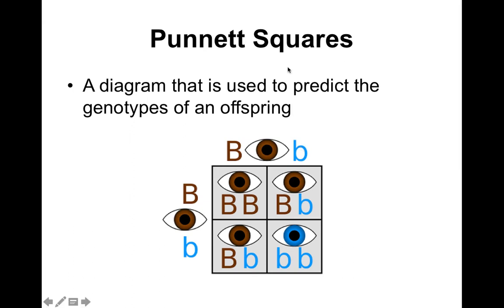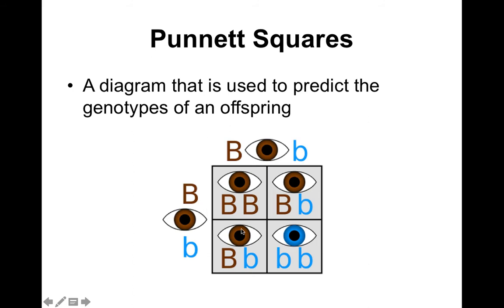So what happens is here we have 2 heterozygous parents. So we bring the large B down and put it in each box here. We bring the large B across here and here, the little b across here and here, and the little b across here and here.